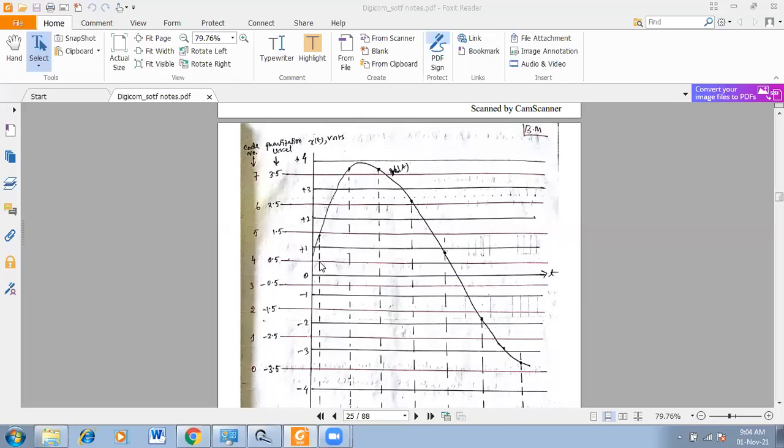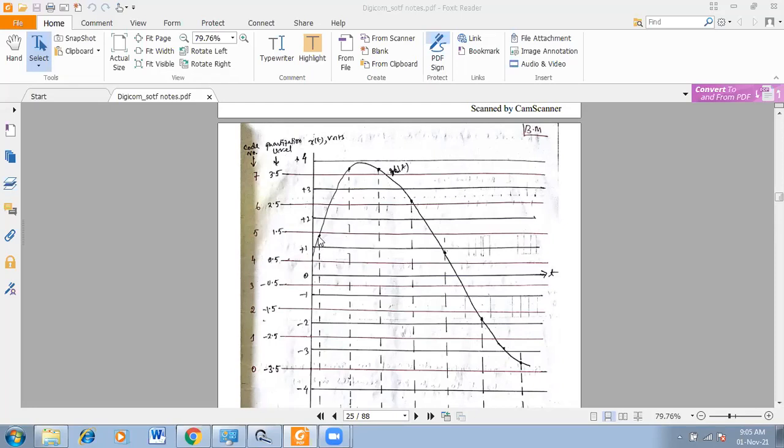From this to this is Ts, and from this to this the time gap is again the sampling instant Ts. Between these two sampling points, the time gap is Ts, as we know.